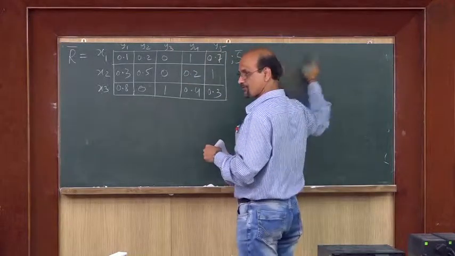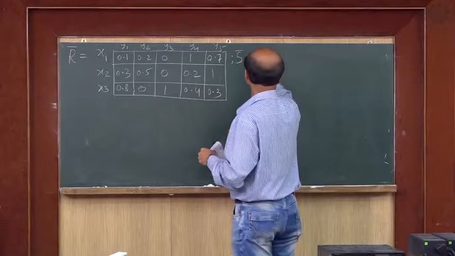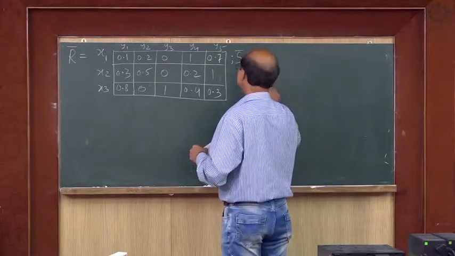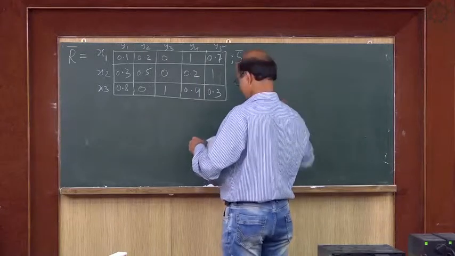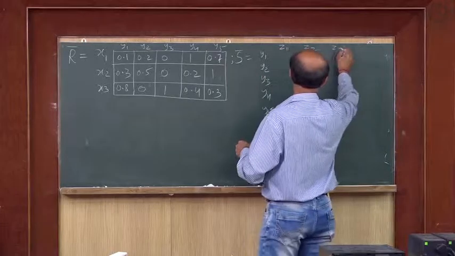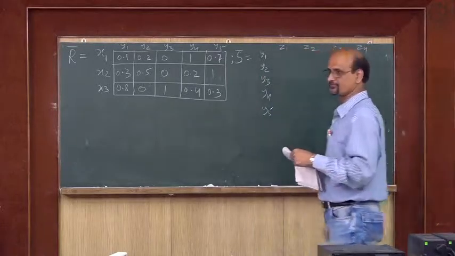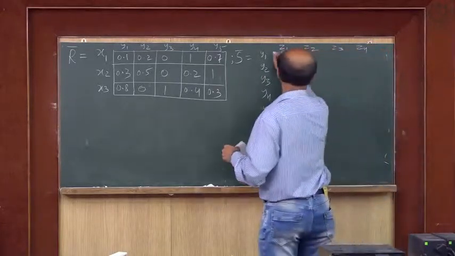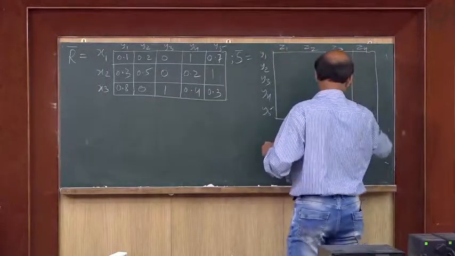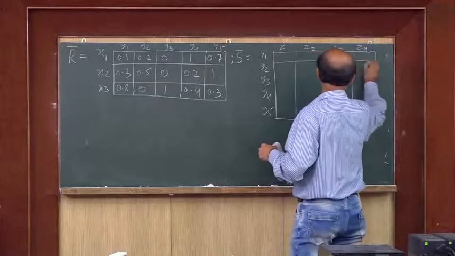So I should have from y to z some relation matrix. So we will have y1, y2, y3, y4, y5, and suppose z values are z1, z2, z3 and z4, 4 values. Okay? So then the relation matrix I will have like this.